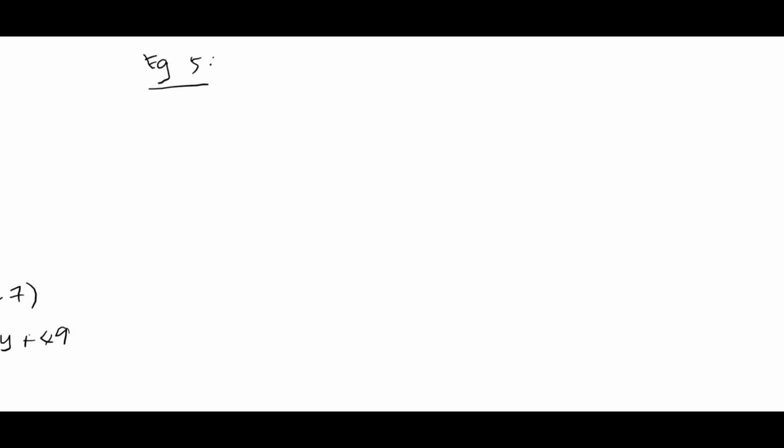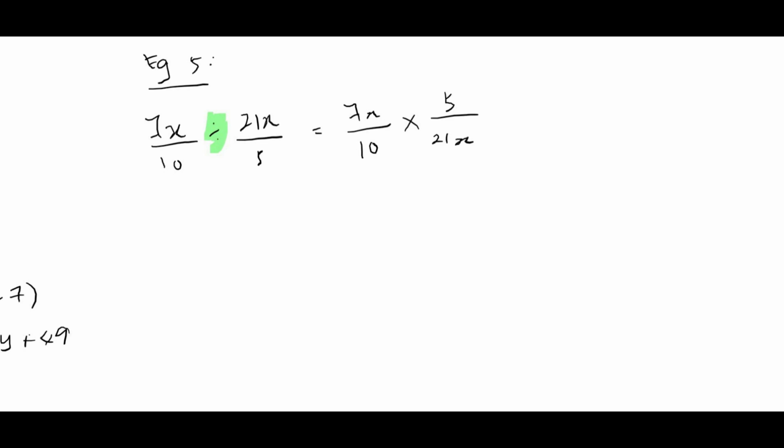Okay, moving on to example 5. We have 7x over 10, which is a fraction, divided by 21x over 5. If you can still remember, in elementary mathematics we learned that if you see a divide sign, you can change it to a multiplication sign, but you have to reverse the fraction that appears after the divide sign.